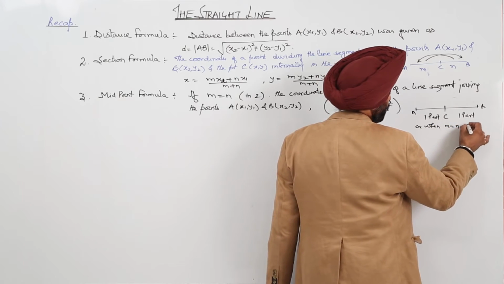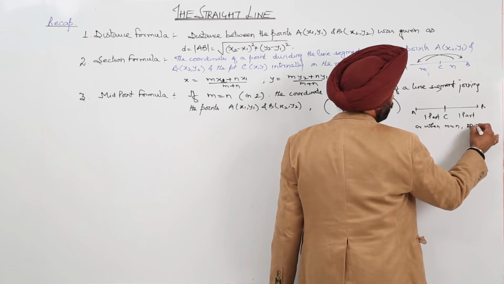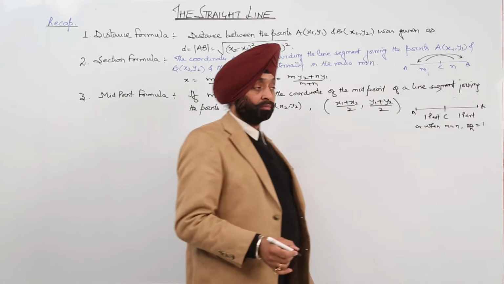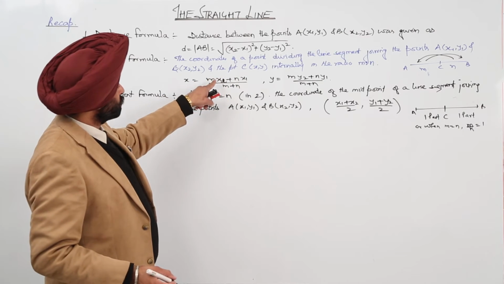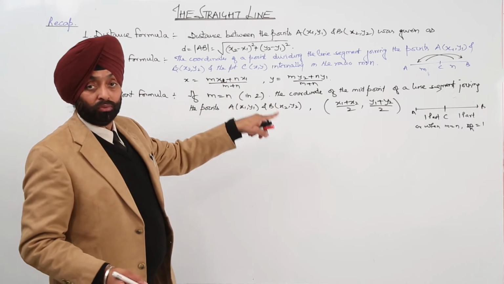Then the ratio m upon n is equal to 1. Is it clear? So x1 plus x2 upon 2.